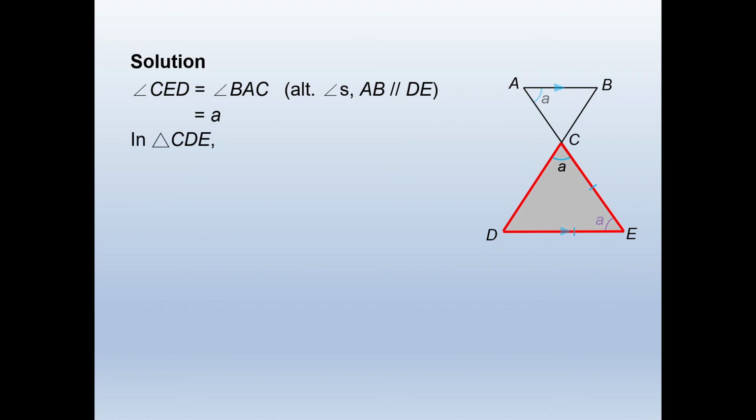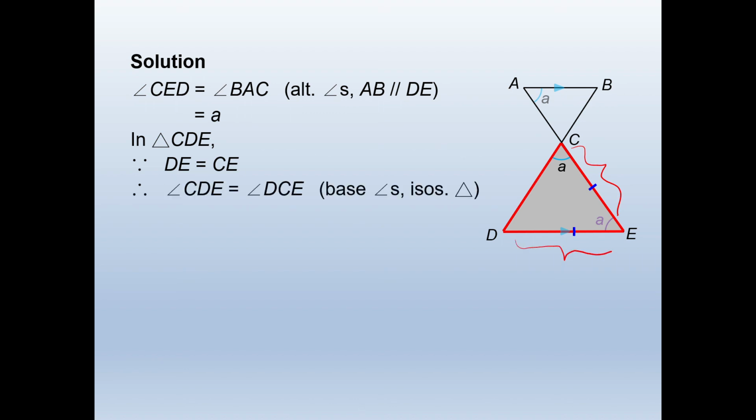So we look at the triangle CDE. Since there are two equal sides, CE and DE are equal, we may apply the base angles of an isosceles triangle to say that the base angles, angle C and angle D, are equal.